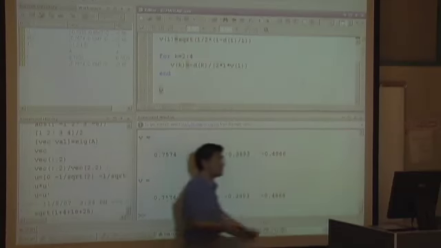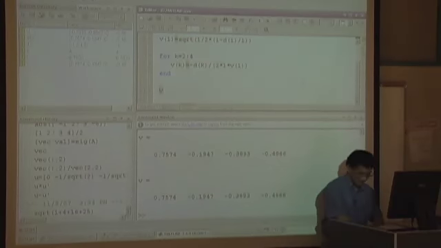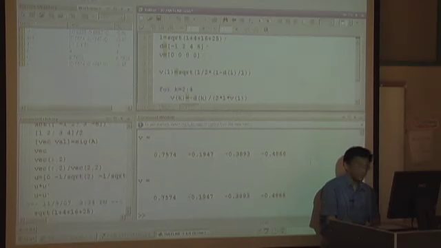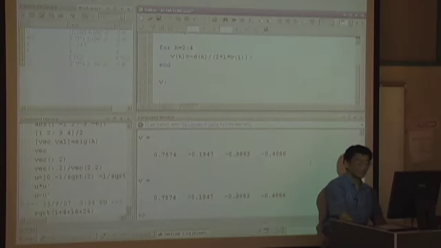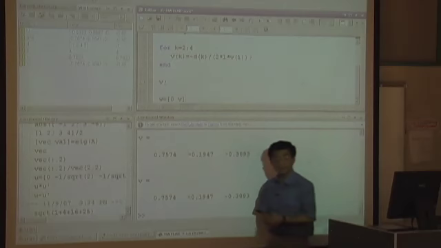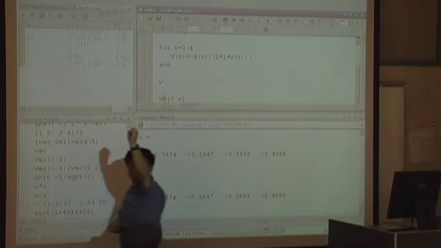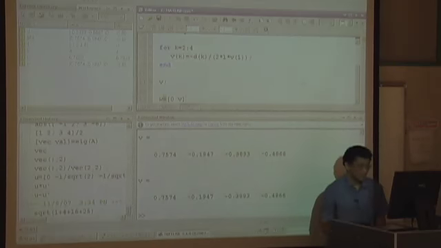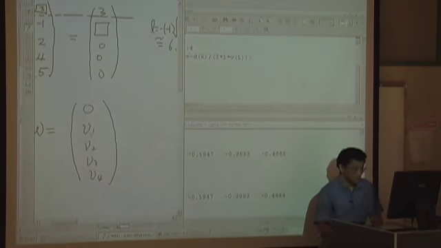So W equals, I will suppress all the intermediate results, and then I will expand this. W is 0 and then V. Do you follow me? The top entry was 0. So I'm writing this portion: 0 and then V1 through V4. It's this 0 portion.